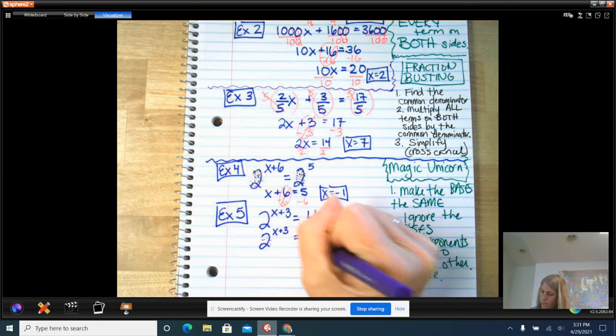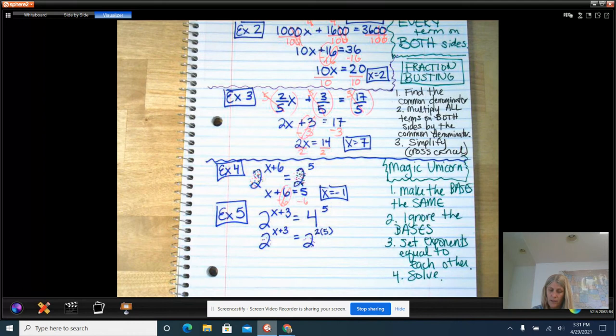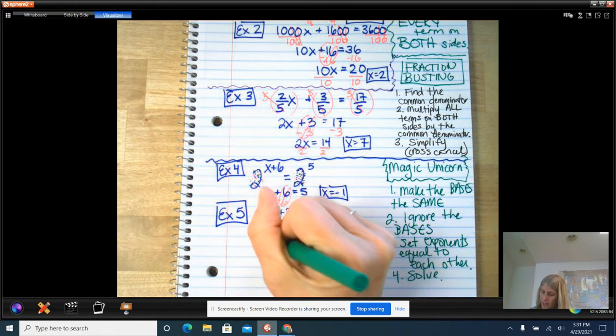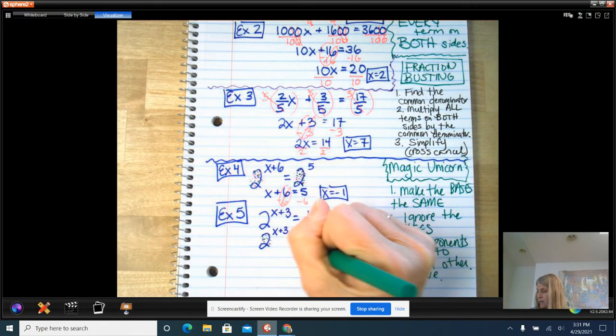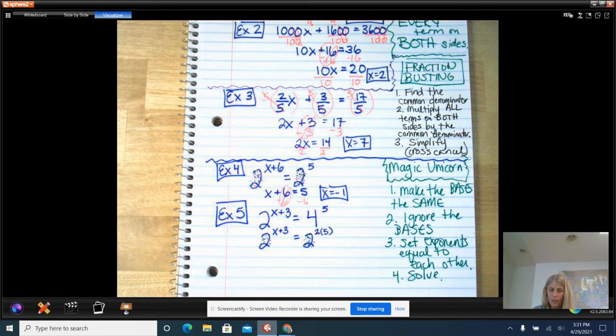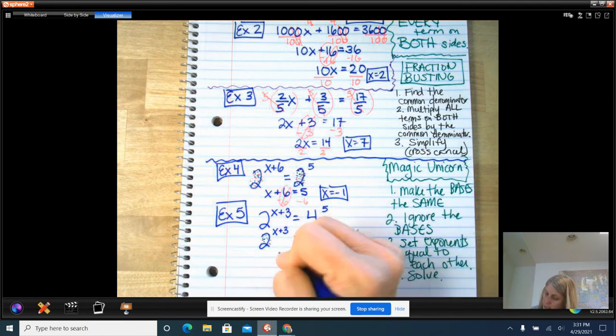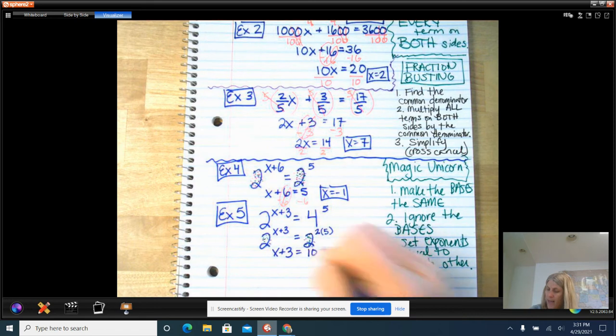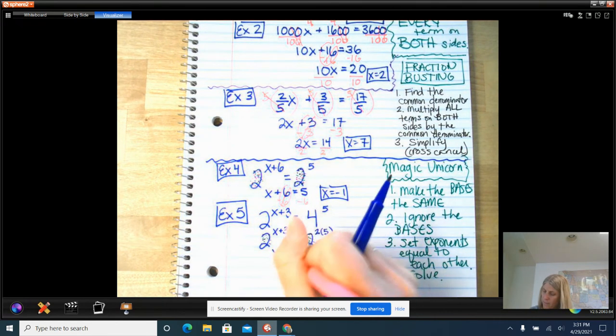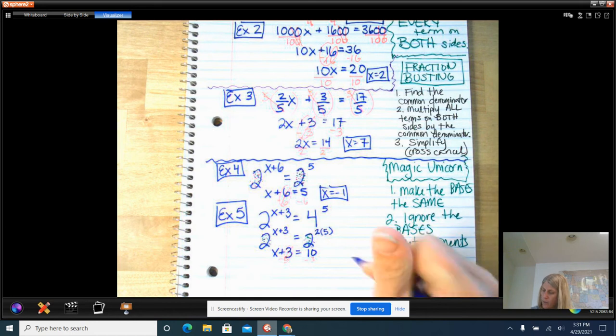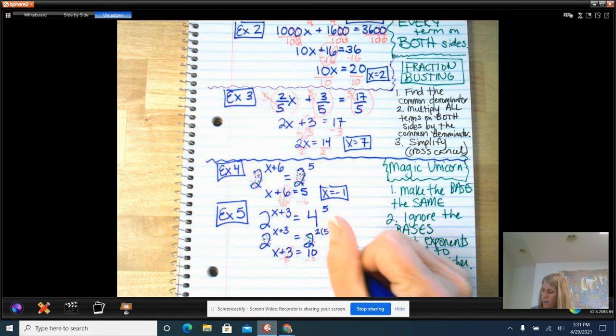And so our magic unicorn gets glitter, super excited, and those are going to go away. So what we have remaining here is x plus 3 is equal to 2 times 5 is 10. I'm going to subtract 3 from both sides, and so x is equal to 7.